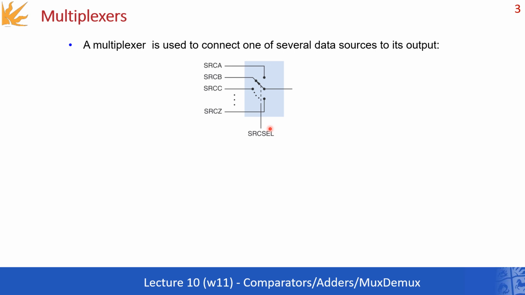So if you have a memory, let's say, of 256 cells, you want to connect it to an output pin. If you want to select any of these 256 bits, then you will need a particular input selection here. And as we're going to see, this would be 8 bits.